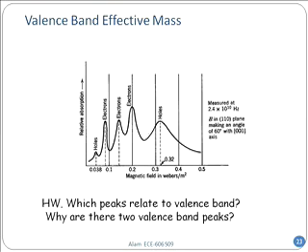And how do you know those are valence band? Well, when you change the angle of the magnetic field, because the valence band is spherical, you see, when you look at a sphere from this angle or from the other angle, it's not going to change. It's going to absorb in the same way.